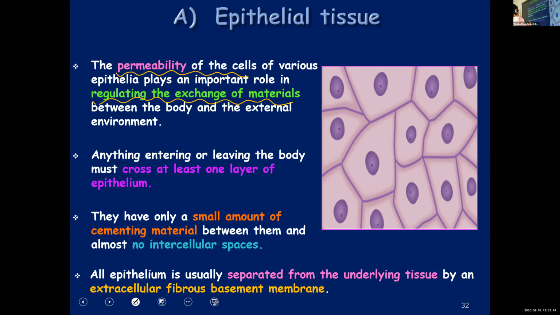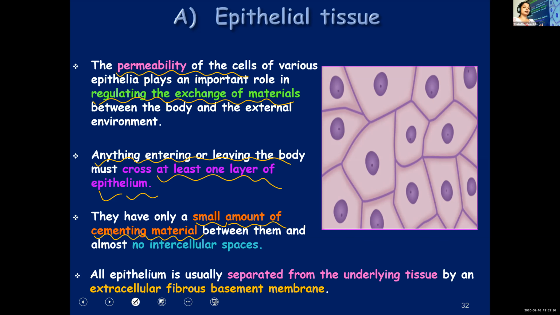Why? Because anything entering or leaving the body should pass through at least one layer of epithelium. Then we learned in between the epithelial cells, very less amount of cementing material is present because already they are packed very tightly. And there are no intercellular space.